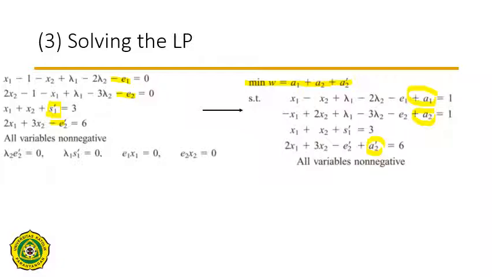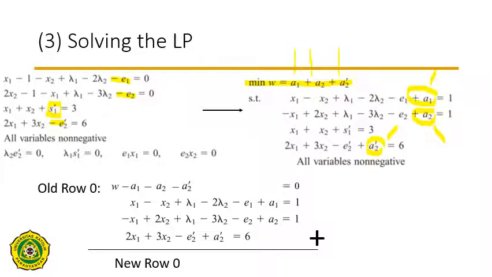But again, if you recall, when you perform the two-phase simplex, the artificial variables must become basic variables, which cannot happen if they also appear in row 0. So we need to get rid of the artificial variables from row 0 using elimination.